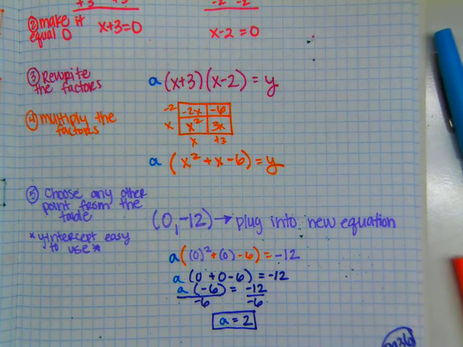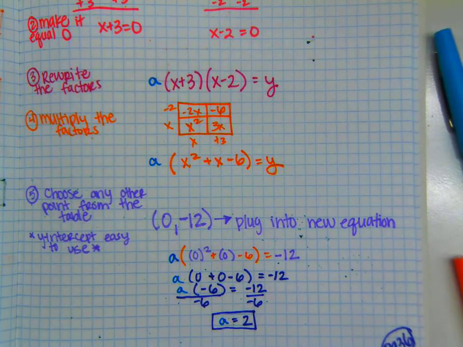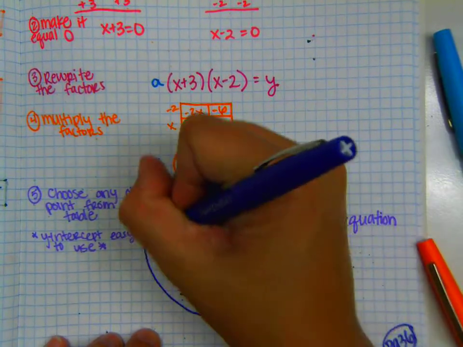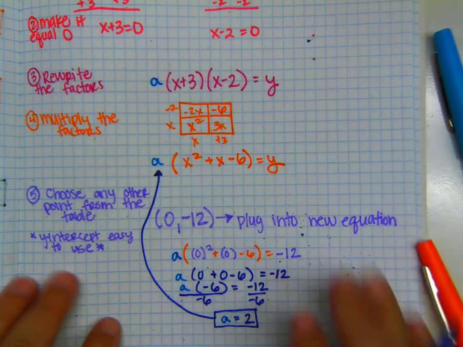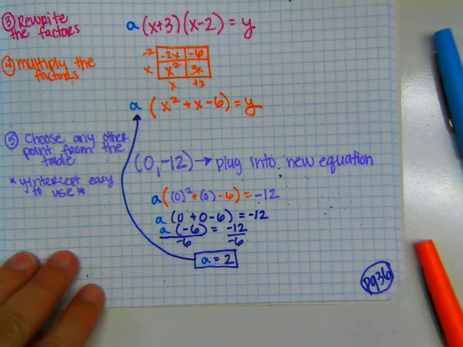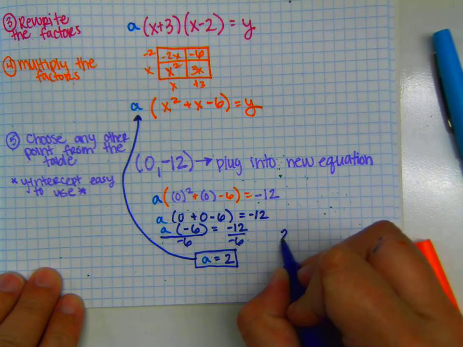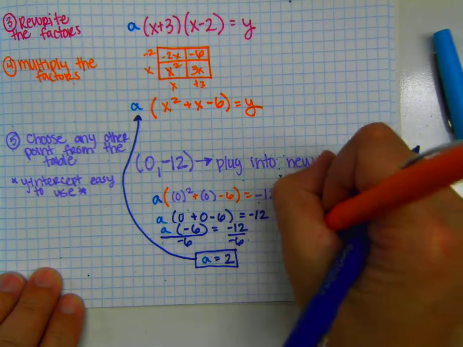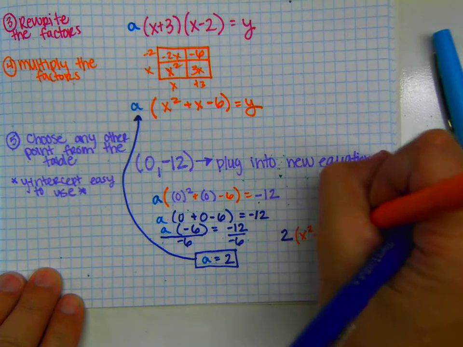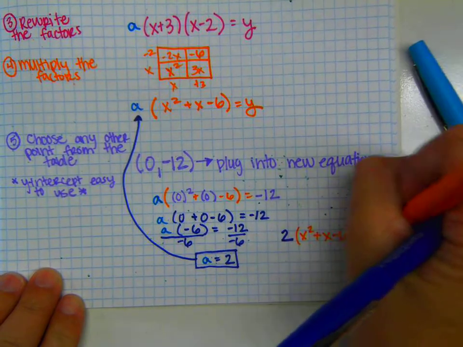So that's our A value. You have to have that A value to get the right answer. So this gets plugged in up here. So we're going to have, I'm going to write it right here, 2 times x squared plus x minus 6 equals y.